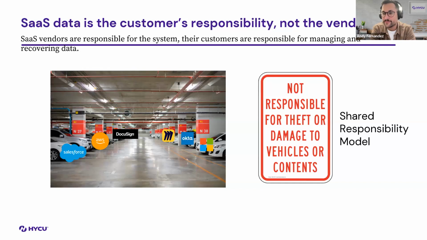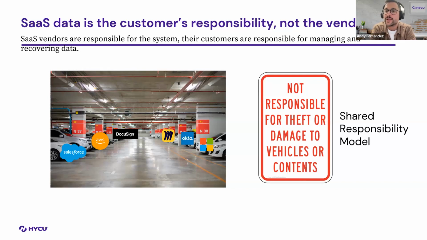Or maybe somebody followed Ray and took his car. Well, where does the responsibility actually lie? Well, the garage is only responsible for making sure that Ray can park there. But his car, the contents inside of his car are Ray's problem. And the garage will take no liability. They're not responsible for anything that happens.